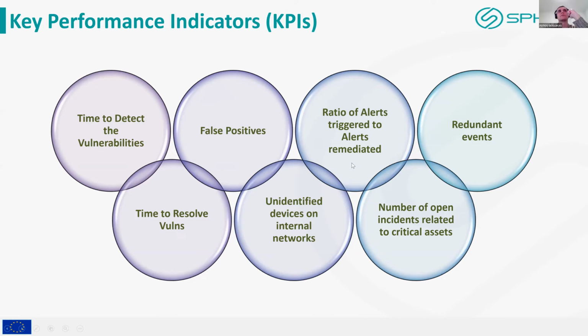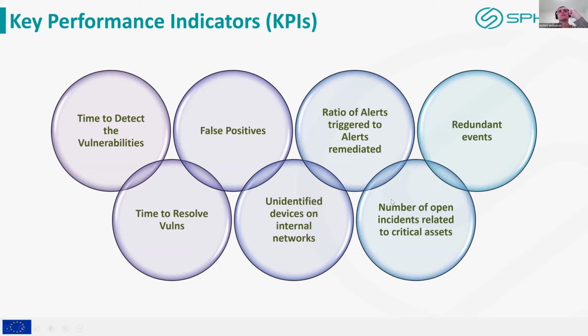Another important key performance indicator is the ratio of alerts triggered to alerts remediated. How many alerts we managed to deal with. The redundant events are also something very crucial to have as a statistic. And of course, what we need every day is a number about the open incidents related to critical assets.